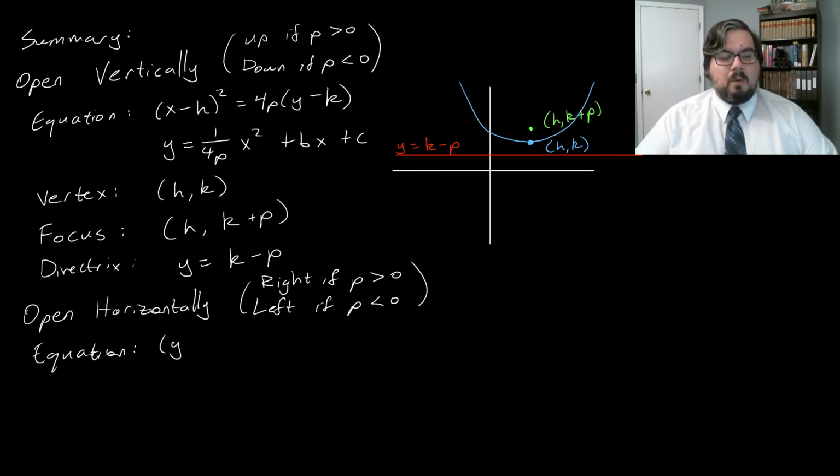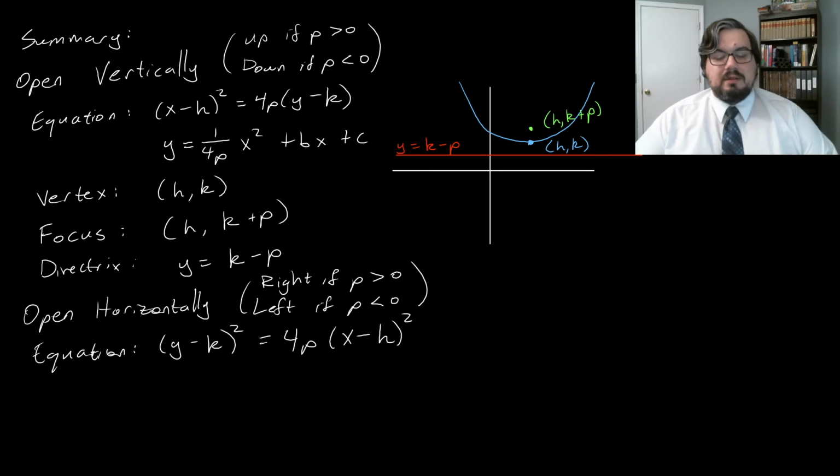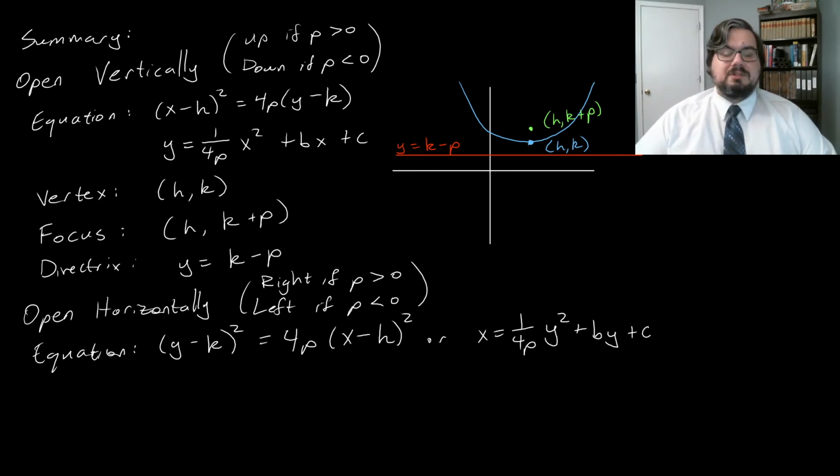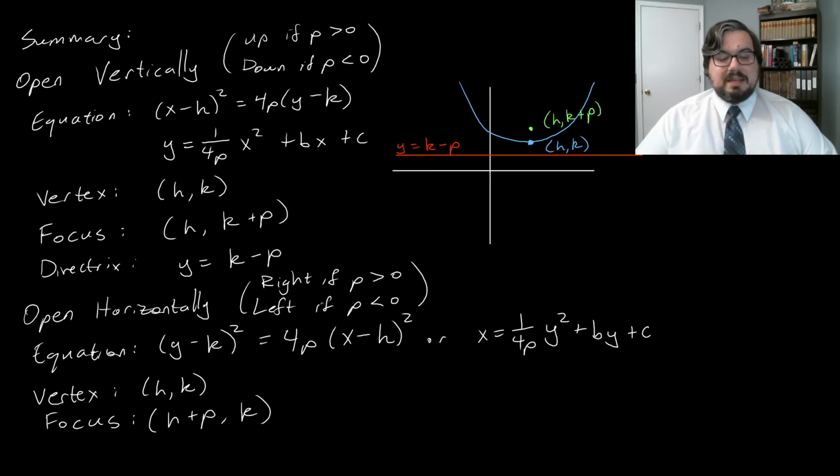We have that y minus k squared equals 4p times x minus h, or x equals 1 over 4p y squared plus by plus c for some real numbers b and c. The vertex is at the point h comma k. The focus, now everything's horizontal, so the focus is actually at h plus p comma k. We're shifting things horizontally. The directrix will be at the line x equals h minus p.